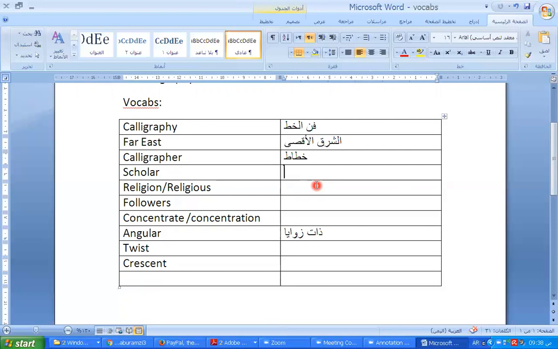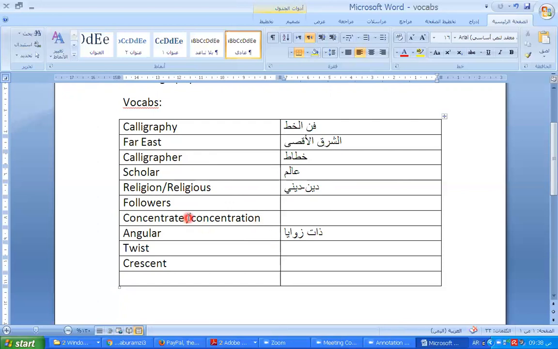Scholar means alim, عالم. بس عالم أقرب إلى الباحث. It's different from scientist. From science, scientist, this one in science, scholar in art. Religion, religious. Religion is a noun, and this is an adjective. So it will be deen, religion, religious.